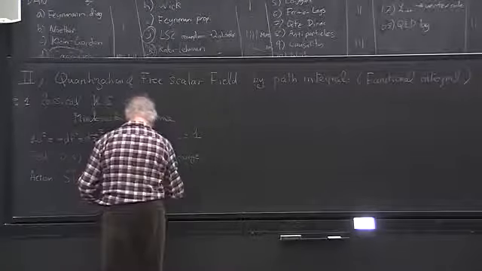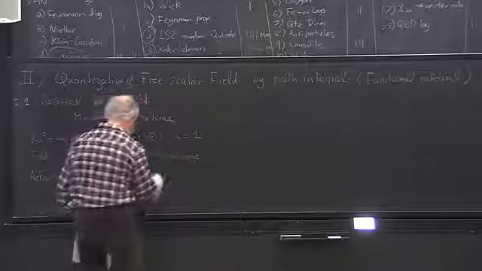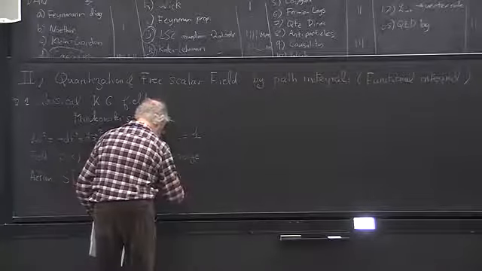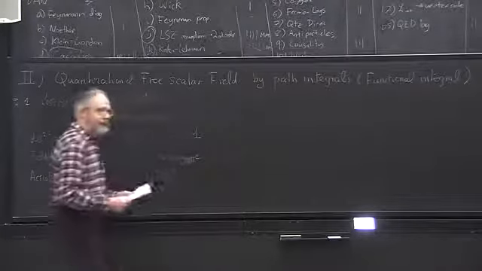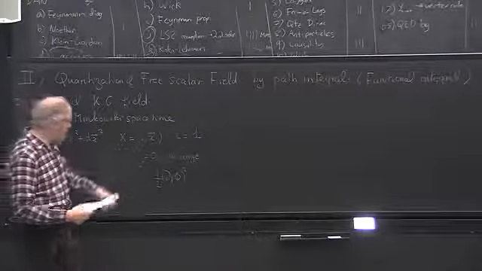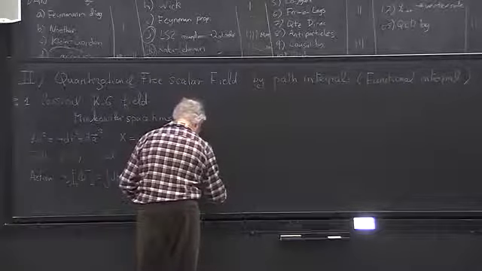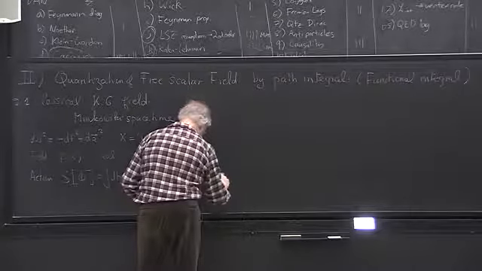And the Lagrangian density contains a kinetic part, which is 1/2 of the time derivative of phi squared, and a potential part, which contains first the spatial derivative.